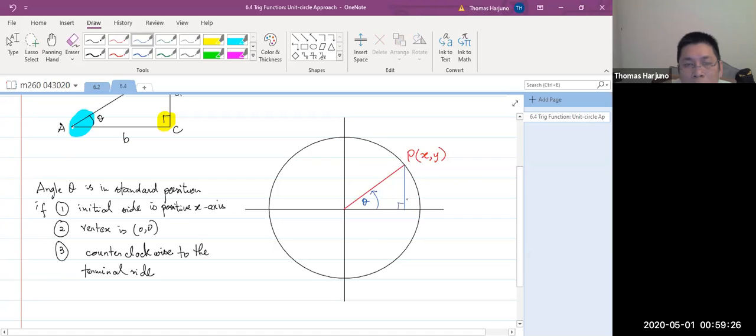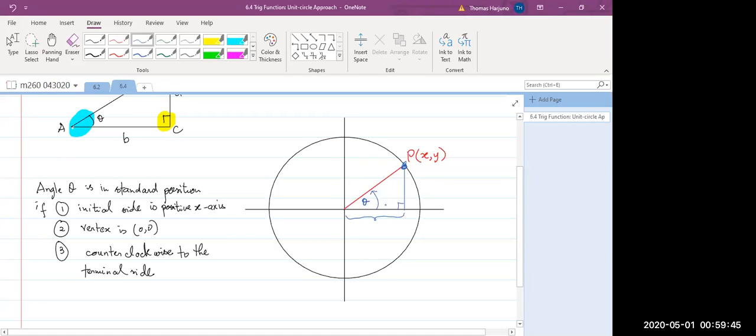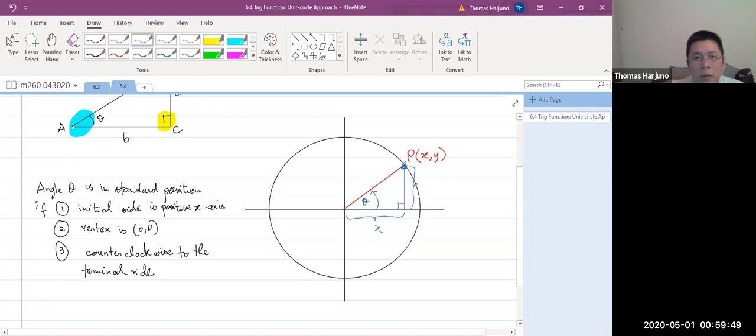I purposely pick my coordinate P in the first quadrant. And notice that the length here will be what? X. That's right. And the length here will be y.